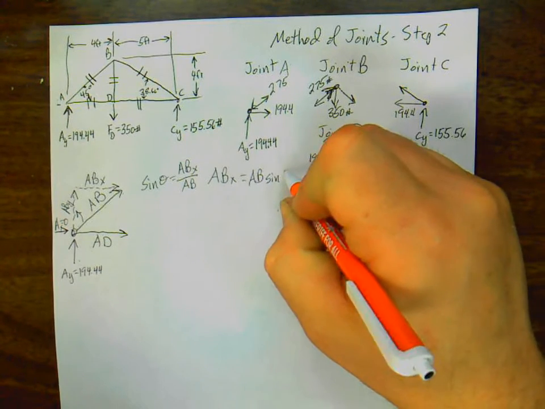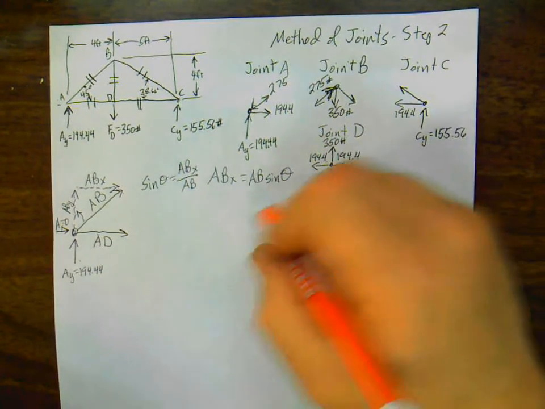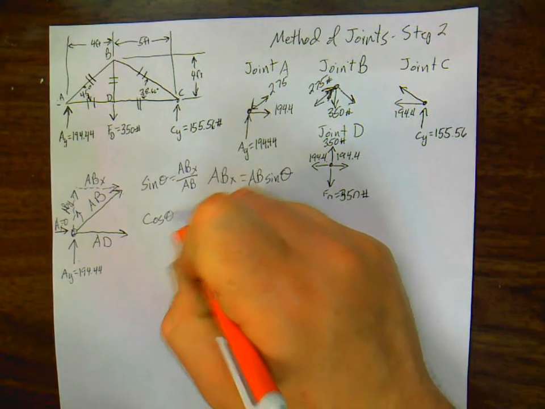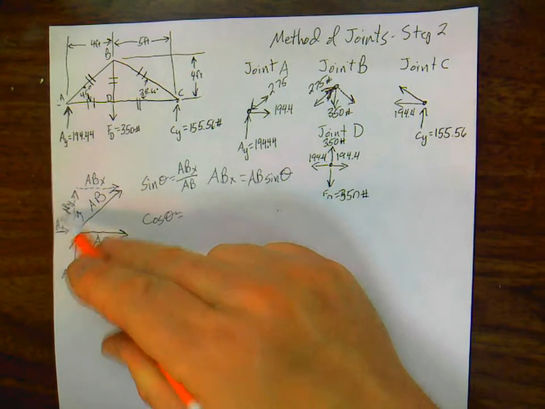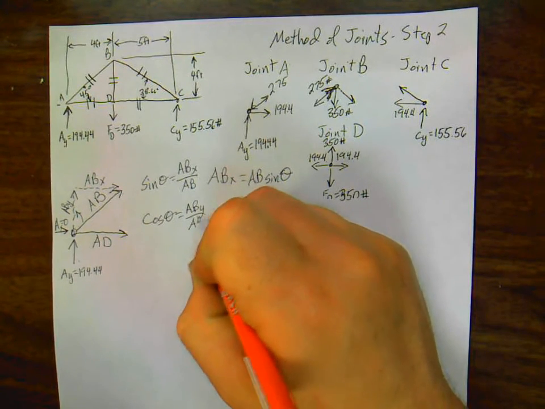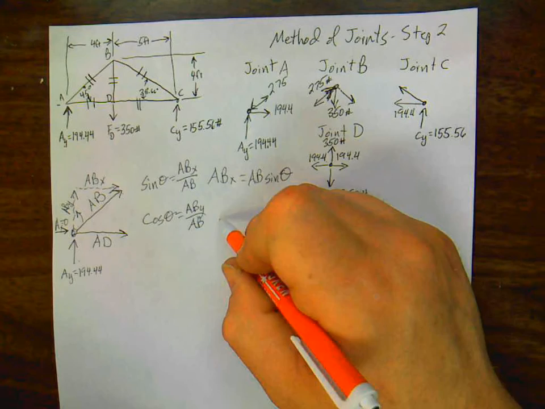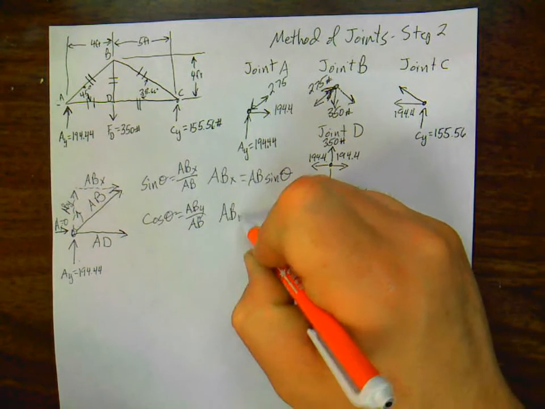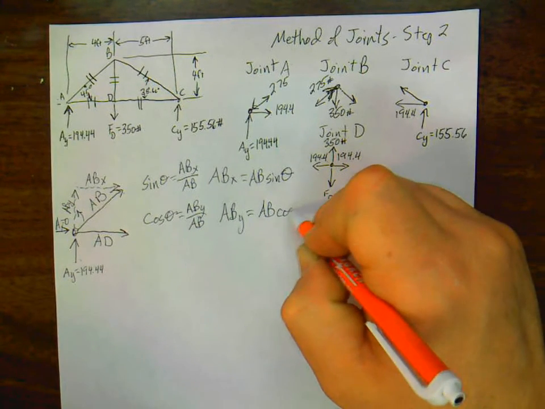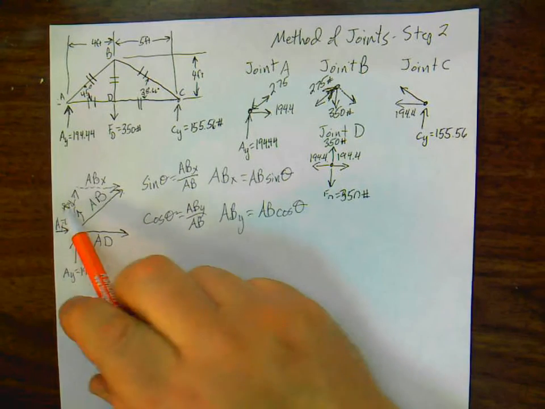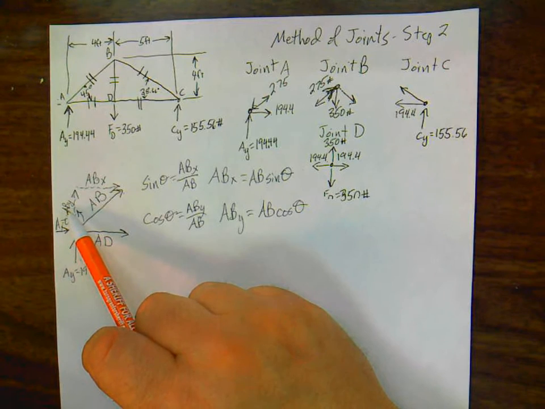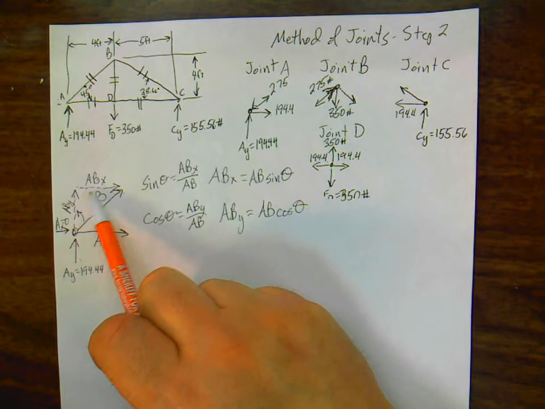In this case, we know it's 45 degrees. Cosine of theta will be ABY, the adjacent over the hypotenuse, which means that ABY will equal AB cosine of theta. So ABY here is the same as AB cosine of theta. ABX here is the same thing as AB sine of theta.